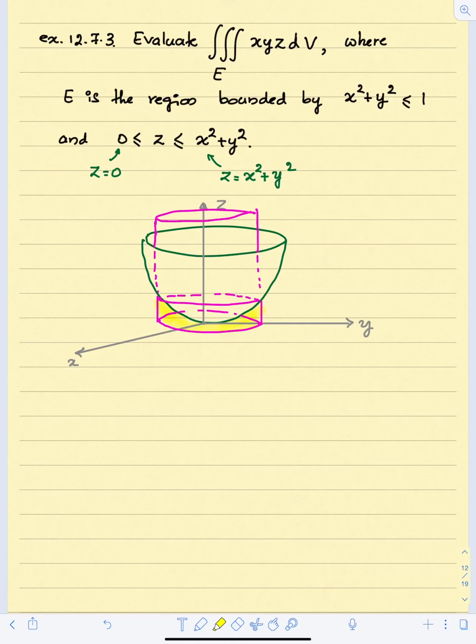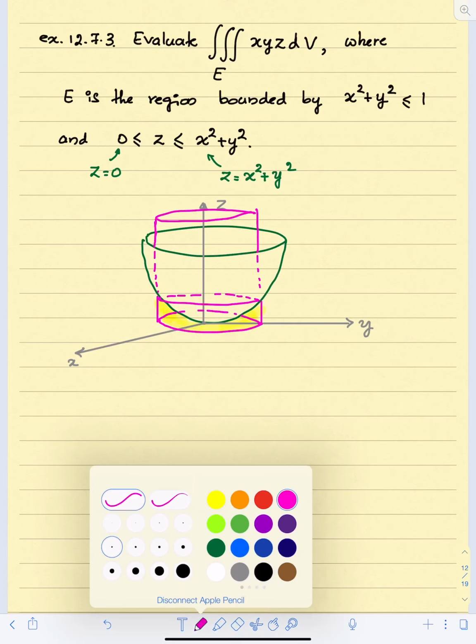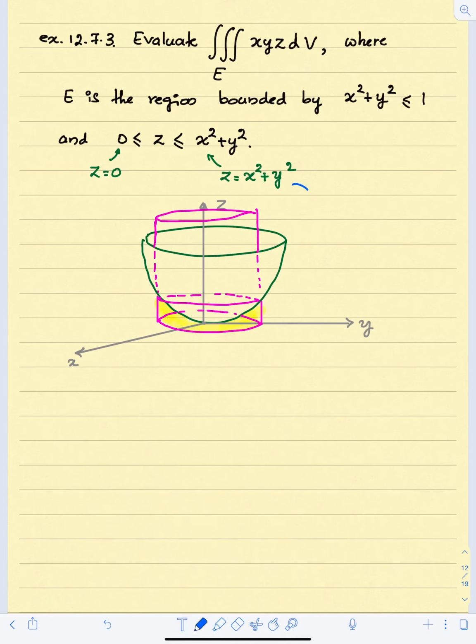Okay, now let's express the paraboloid in terms of the cylindrical coordinates. So in cylindrical coordinates, z equals x squared plus y squared simply becomes z equals r squared, and the cylinder x squared plus y squared equals 1 is the boundary.